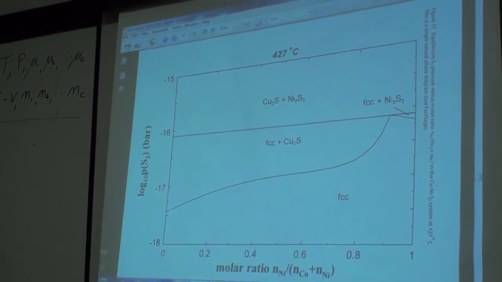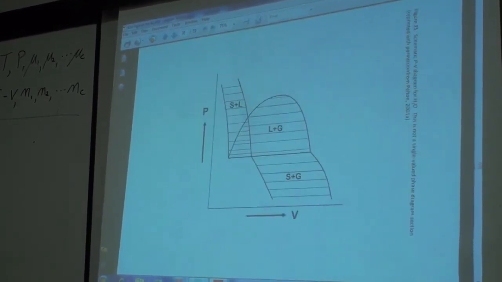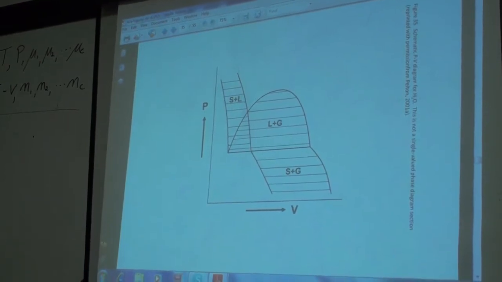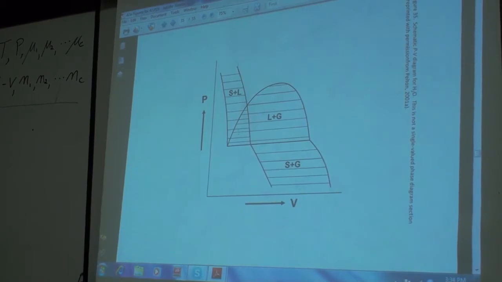This doesn't necessarily mean that rules. A pressure volume diagram for water, if you're in that region of pressure and volume, is not going to be single valued. If, however, you were limiting your calculations down here or up here, then it would be okay. The reason this happens is because water is particularly strange in that the solid is less dense than the liquid.